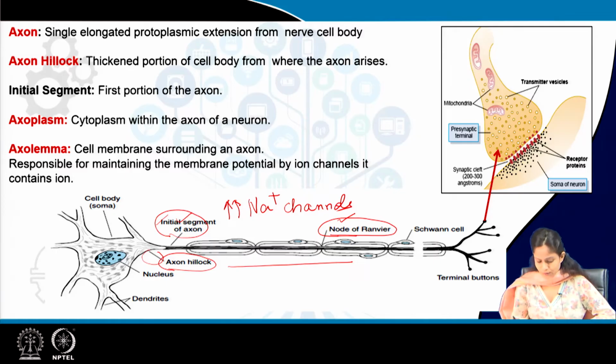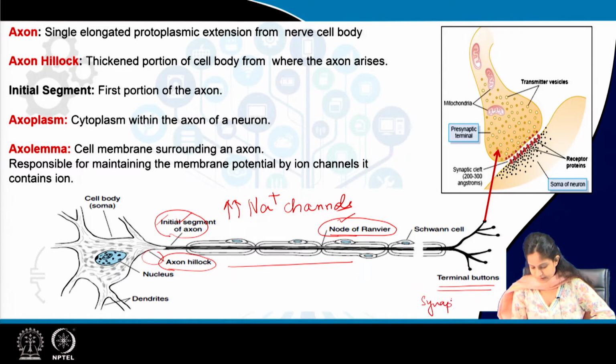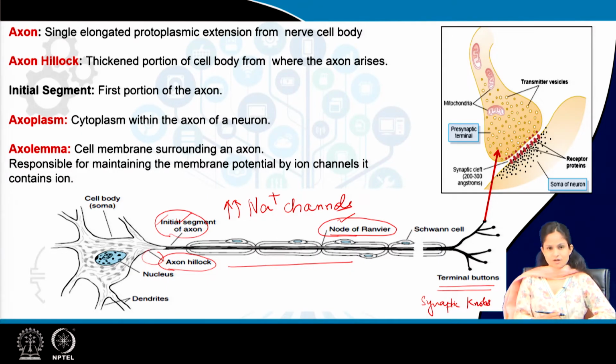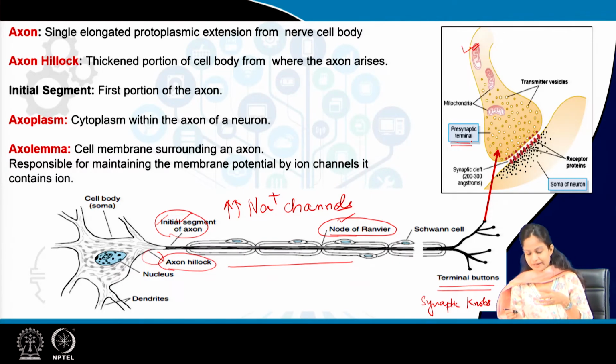Now as I told you, this axon terminates into terminal buttons, which are also known as synaptic knobs. Here a very magnified version of the synaptic knob terminal is shown. This is the presynaptic terminal, that means from where the impulse is coming.